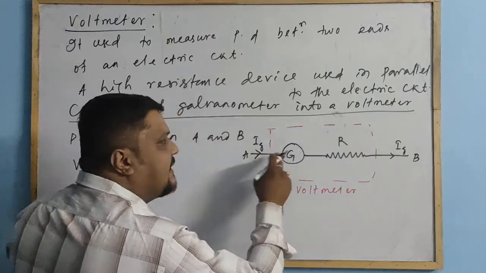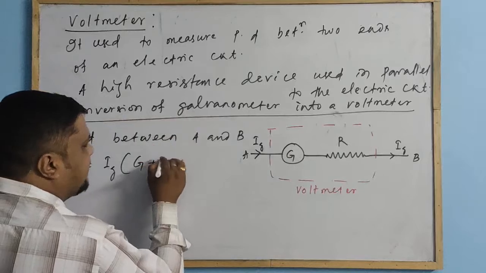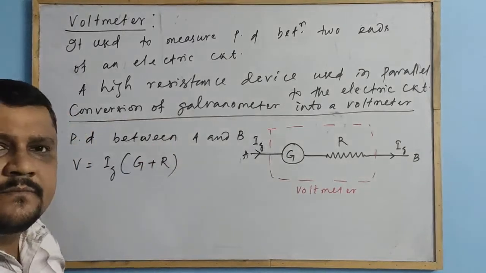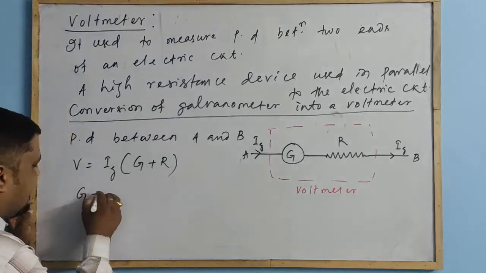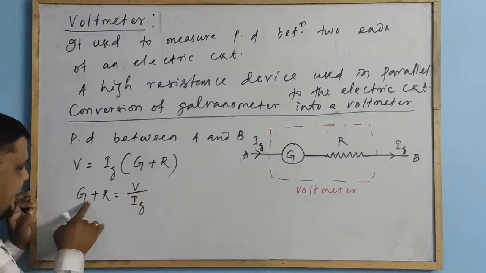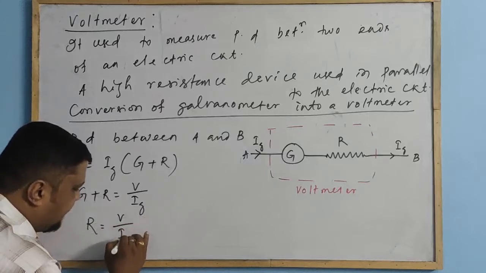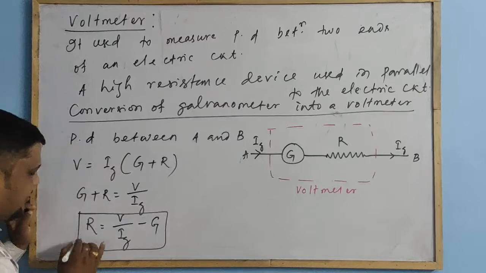G and R are in series, so the net resistance is G plus R. V is equal to I_G(G plus R). Clear? Then what is this R? We can calculate: G plus R is equal to V by I_G. I need this high resistance R, which is equal to V by I_G minus G. This is the required formula.